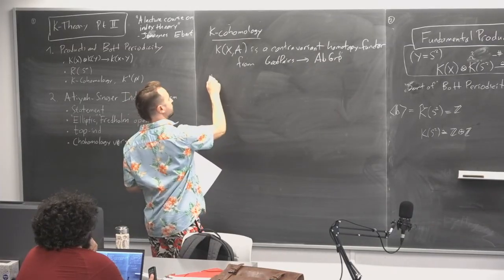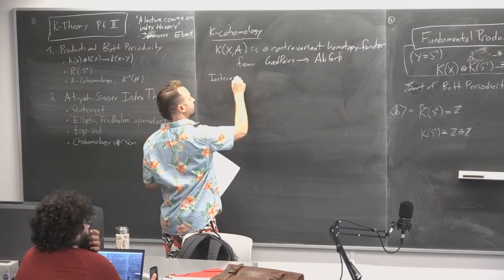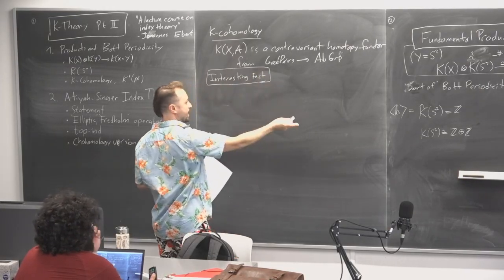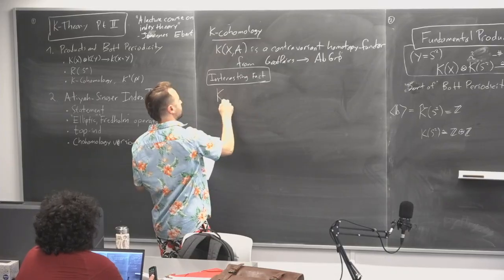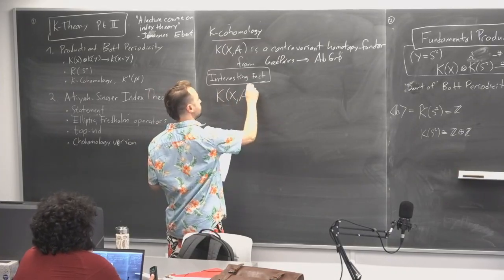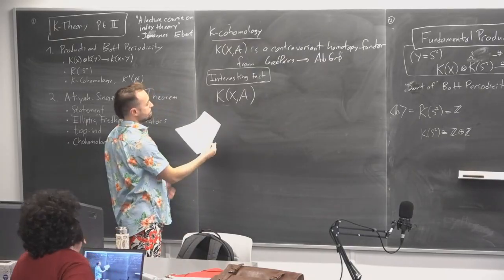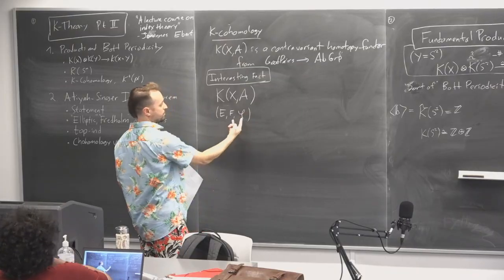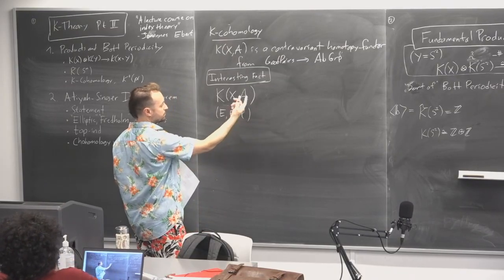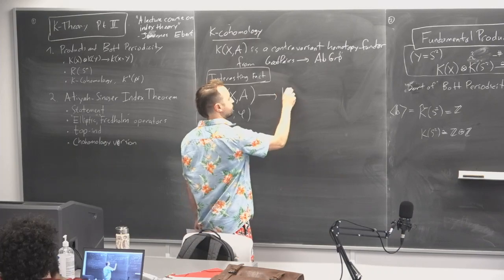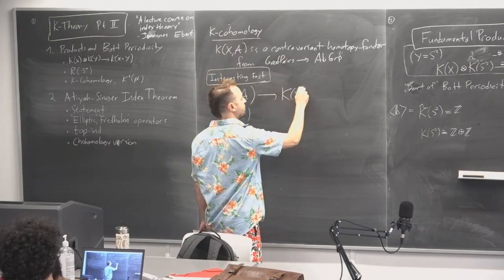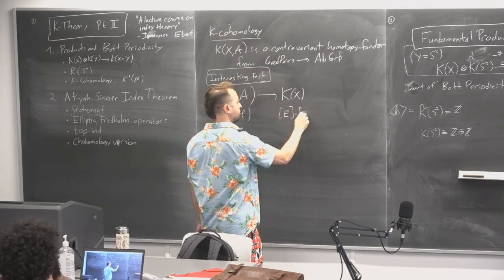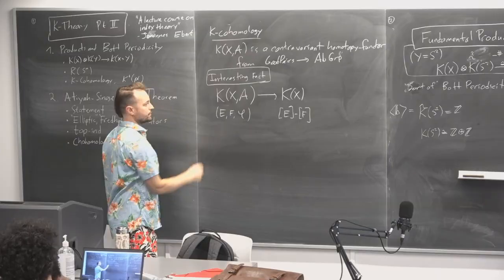Okay, so here's an interesting fact. It's kind of nice, but we haven't needed to use it. Well, I mean, we have, but secretly. So if you consider K of X, A, remember these were K cycles, where this is a homomorphism from E to F, an isomorphism over A. You can just forget about the A part and take their difference bundle, the virtual bundle E minus F. Forget about this isomorphism business.